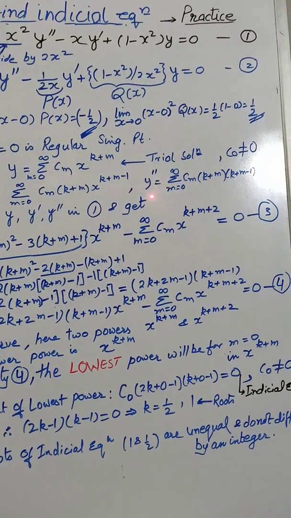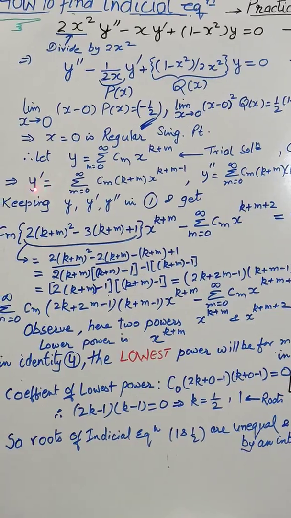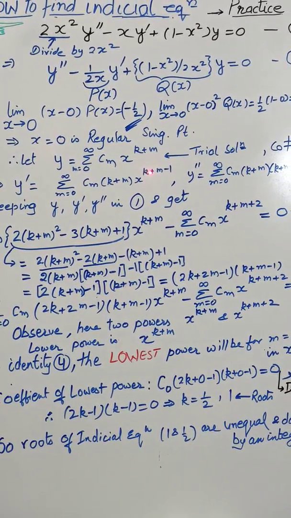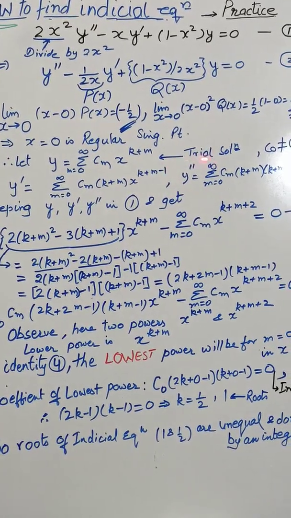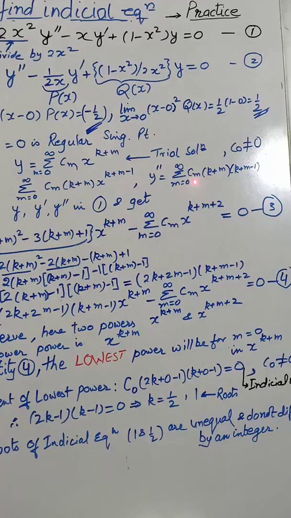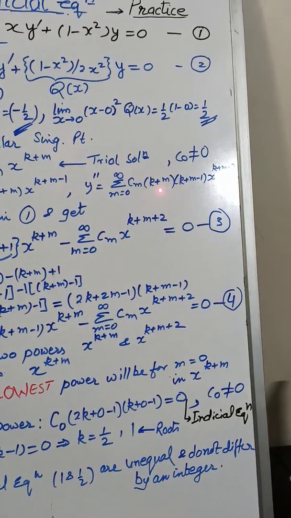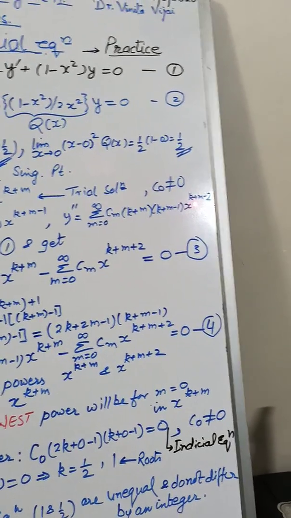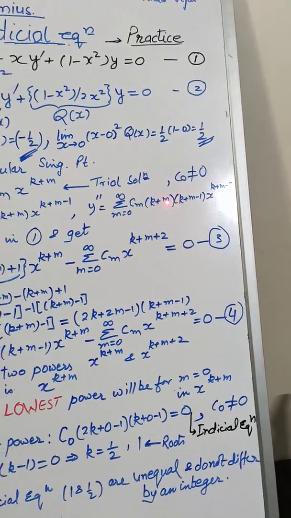Then here we have y''. So how do I get it? By differentiating y'. Again you see that the power of x is k + m − 1, so when differentiated, this power comes down. So I have got Σ c_m (k + m)(k + m − 1) x^(k+m−2).